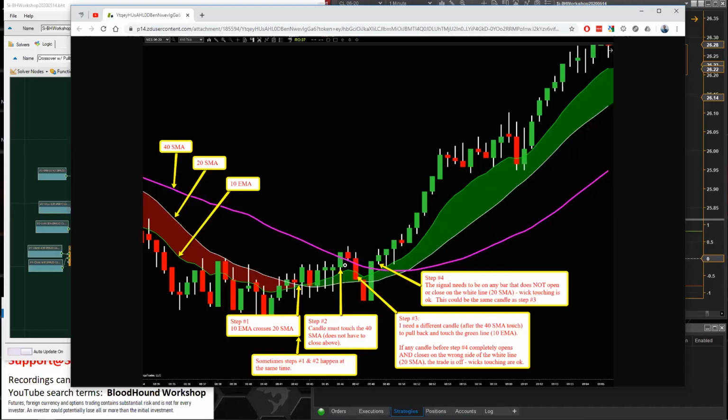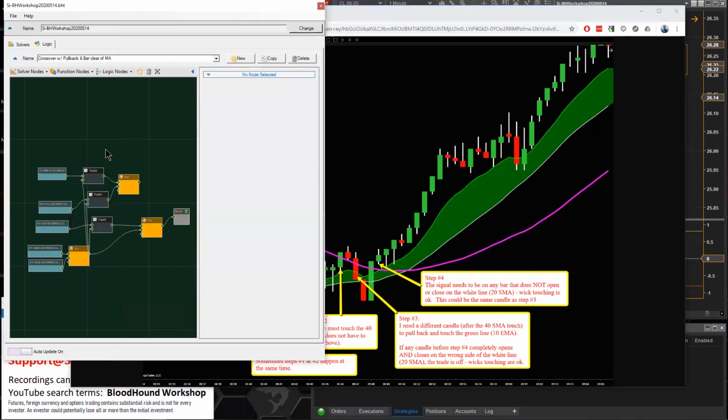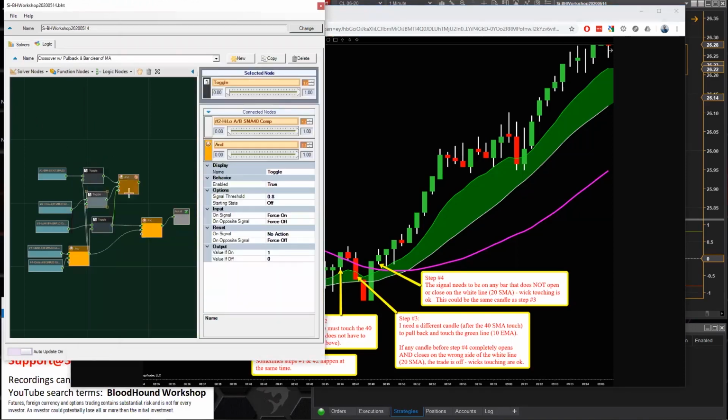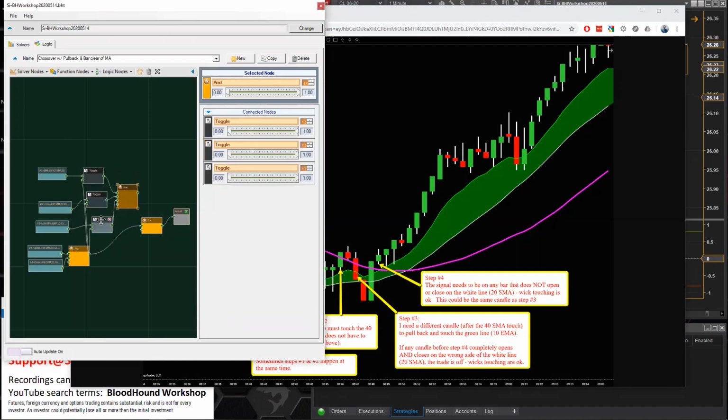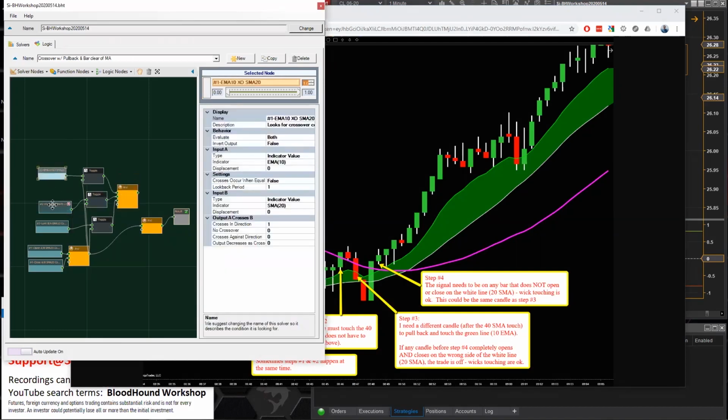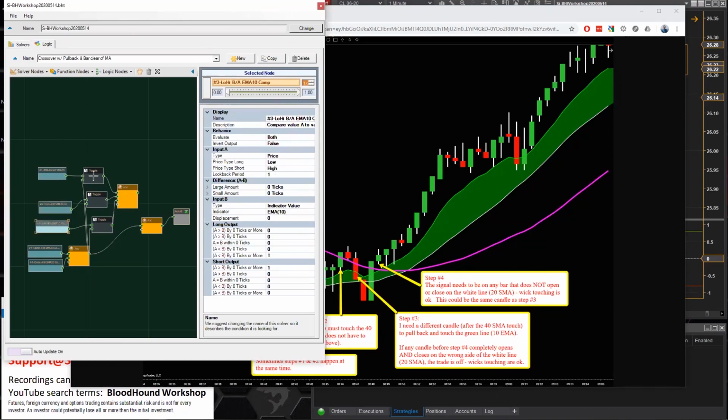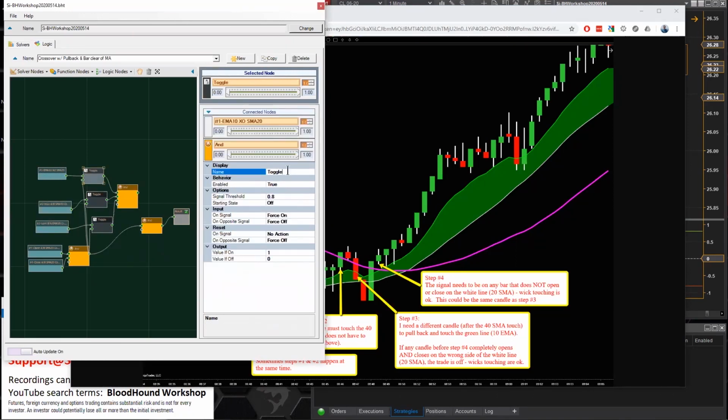There needs to be a few bars in between. Actually, I'm sorry, that's going from step 3 to step 4. Let's go back to our logic here. So actually that could go into that. There we go. So step 1, 2, and 3. And just for good measure, we can name these toggle nodes here.